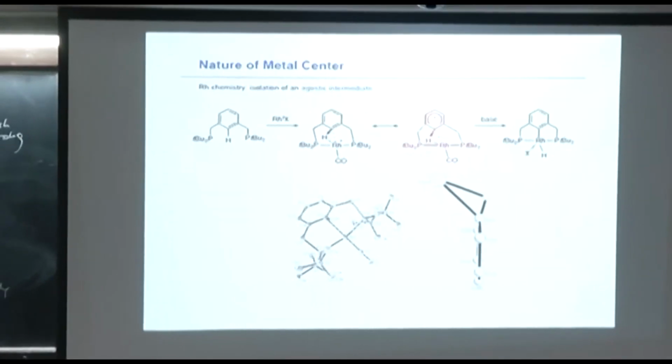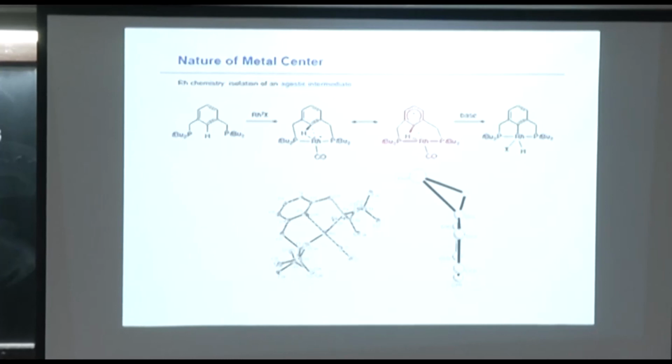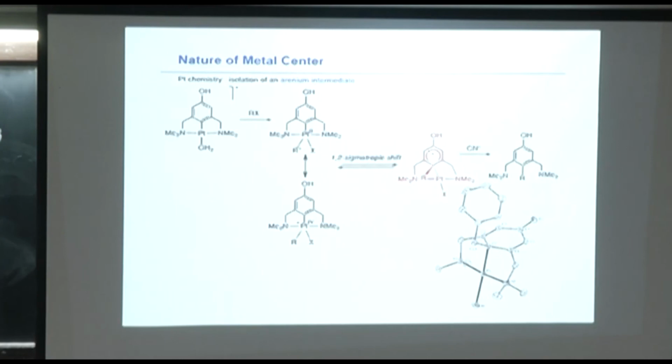So just quickly, let me break up. With rhodium here, you see there's the agostic interaction that we can stabilize in these pincer compounds. You see here a crystal structure where the rhodium is very close to the carbon and the hydrogen. So here we have this transition state kind of stabilized. And then we have platinum compounds that are very similar.